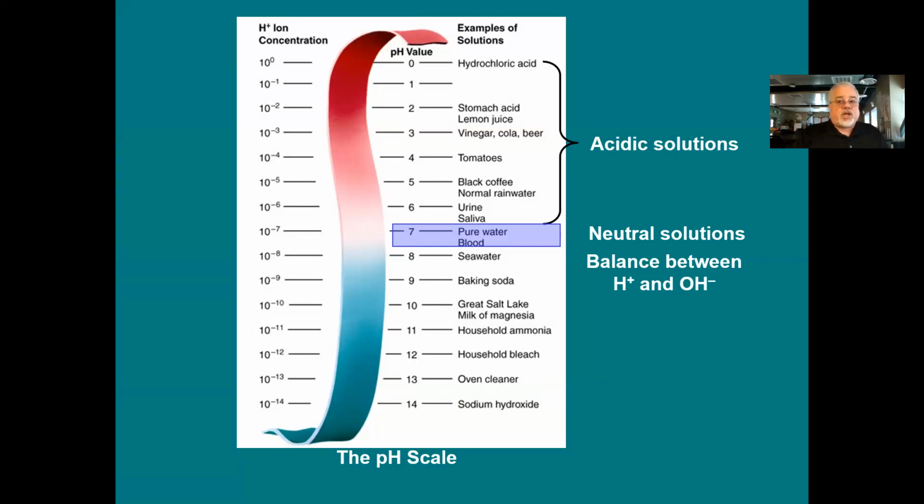And you don't want your blood going very far away from pH 7. That'll kill you. And then on the other side, above 7, at the bottom of this chart, numbers that are higher than 7 include the basic substances, otherwise known as alkaline.